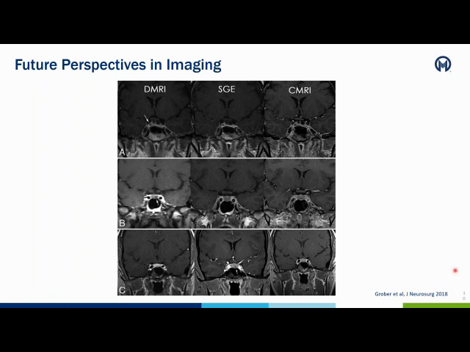The SGE sequence has been shown to have a higher sensitivity than the dynamic sequence that I talked about previously.